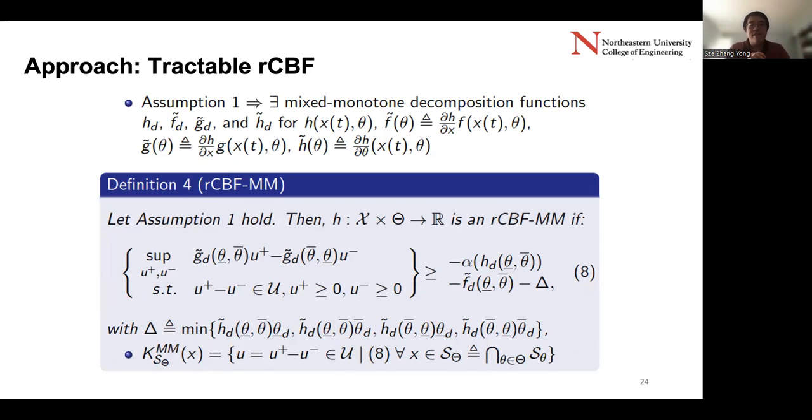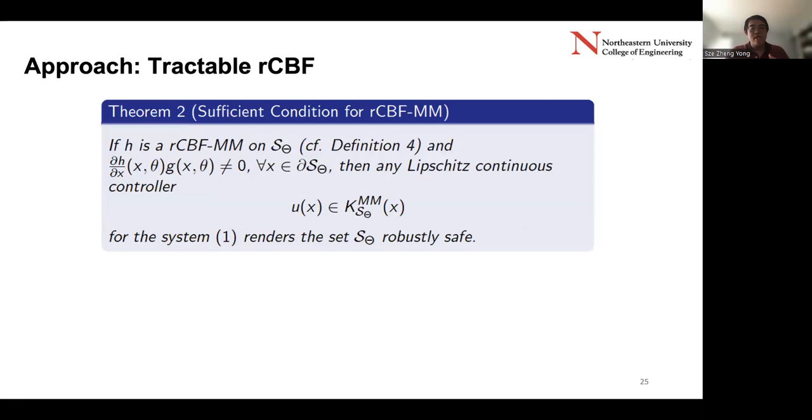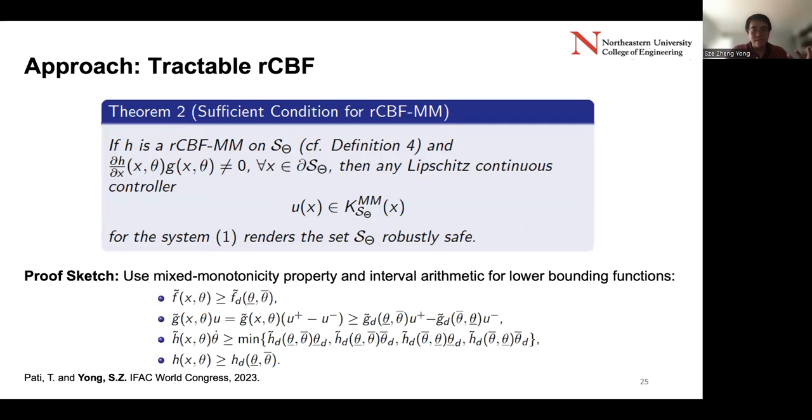And if we have those mixed monotone decomposition functions for all of them, then we can turn the safety filter constraint that we had earlier into one that's given by this here, where it's linear in u plus and u minus, which are the decision variables that we will have. And so this here remains linear in the constraints, and so this here is tractable. And again, this here is a sufficient condition. If we can satisfy this, then any Lipschitz continuous controller will actually render the system robustly safe.